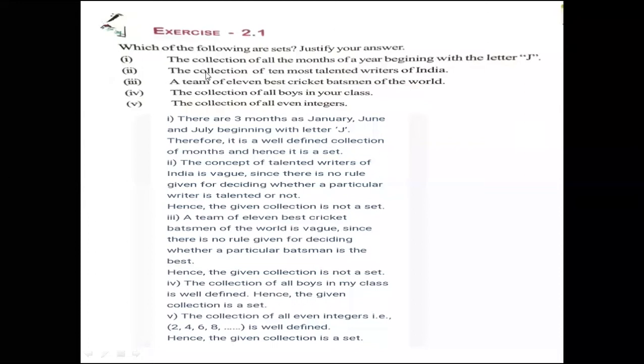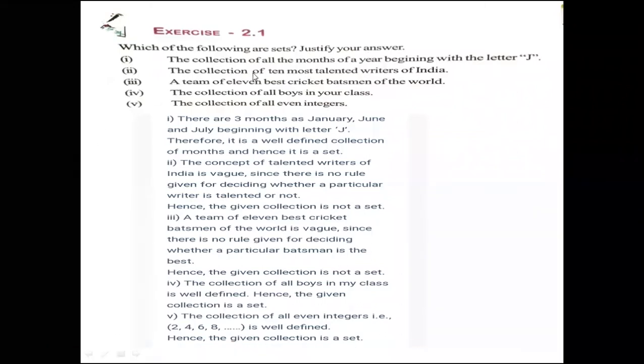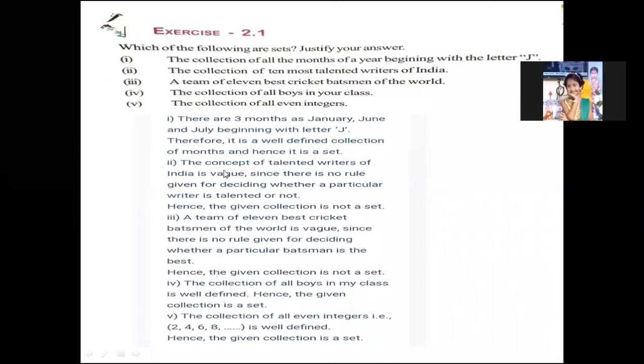Next, the second question is the collection of 10 most talented writers of India. Here, see this question. The concept of talented writers of India is not a limited topic.